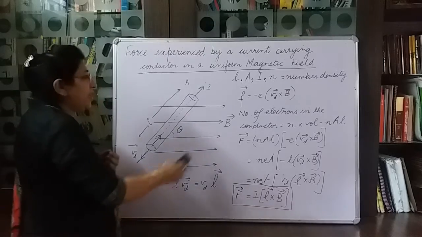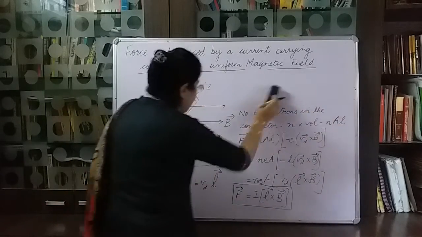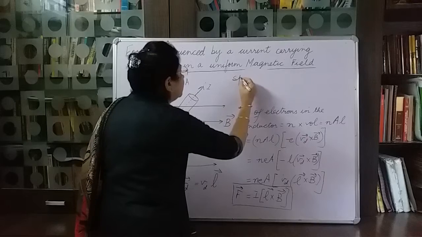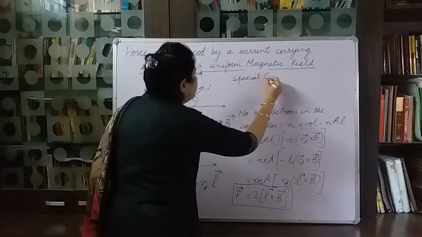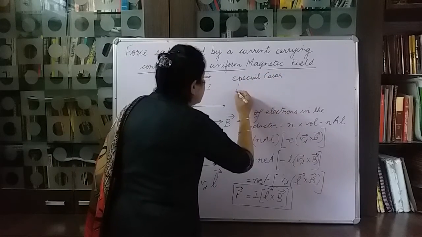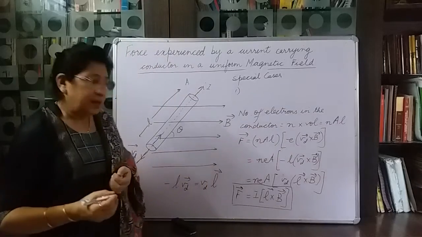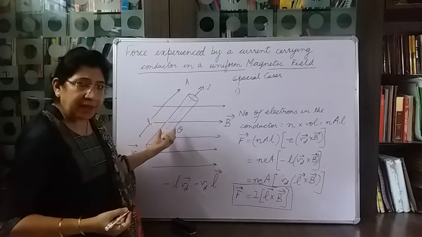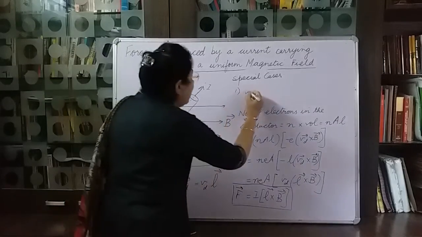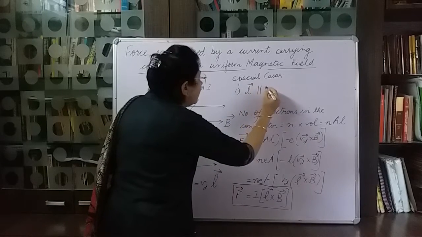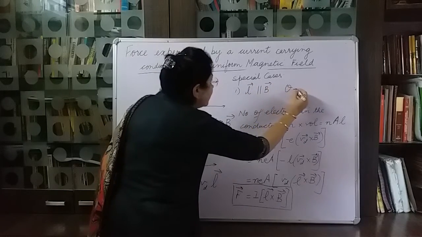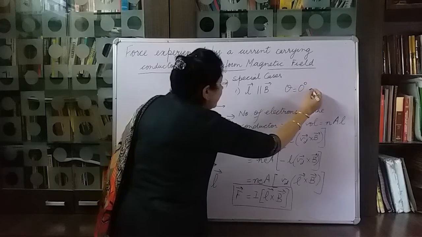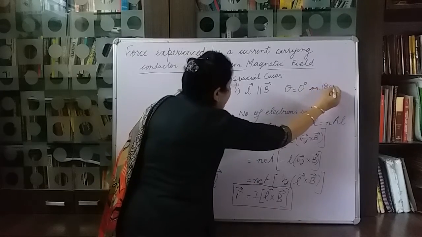In the special cases, suppose the conductor is parallel to the magnetic field. In this case, theta will be 0 degrees or 180 degrees.